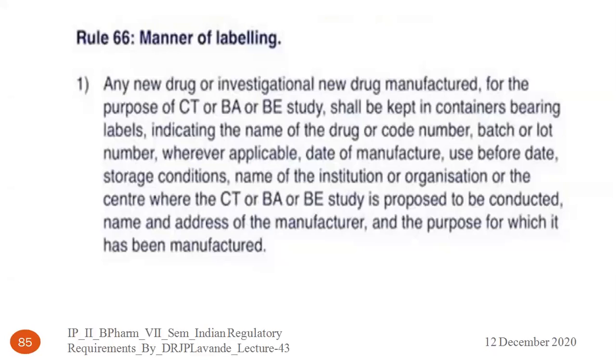Any new drug or investigational new drug manufactured for the purpose of clinical trial or BE study shall be kept in containers with labels indicating the name of the drug or code number, batch or lot number, wherever applicable, date of manufacture, use before date, storage conditions, name of the institution or organization or the center where the clinical trial or BABE study is proposed to be conducted, the name and address of the manufacturer, and the purpose for which it has been manufactured.